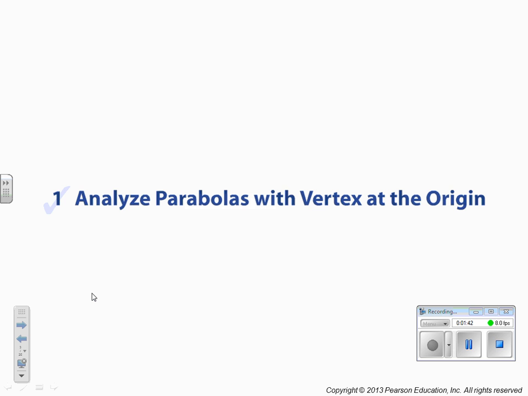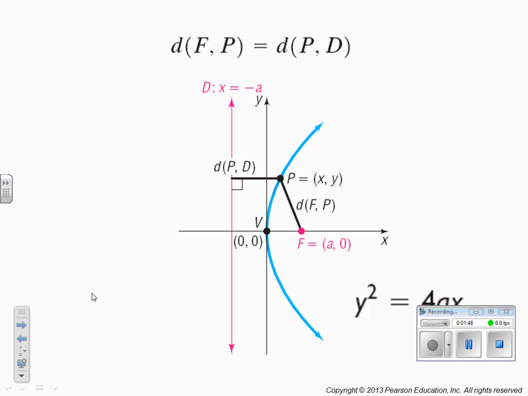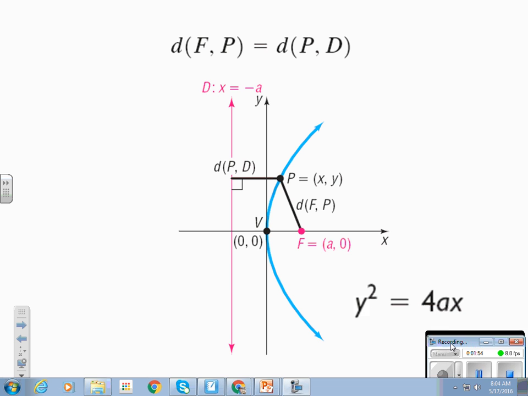All right, so we're going to take a peek at parabolas with their vertex centered at the origin. Remembering that the distance from the point F to P is equal to the distance from P to D, here's how I remember the equation.